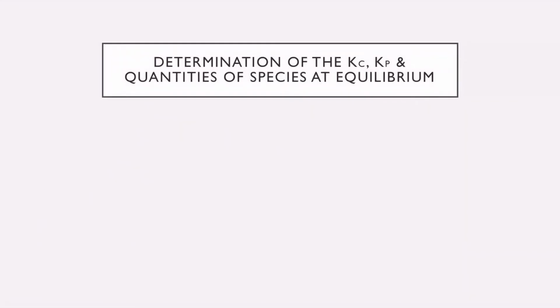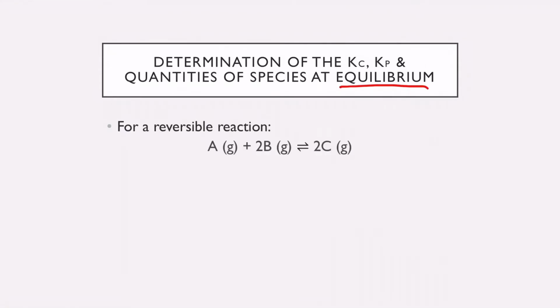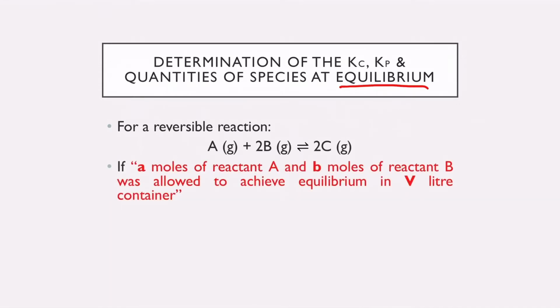Next, we're going to see how to determine the Kc, Kp, and quantities of species at equilibrium. Okay, so for a reversible reaction, let's say this is your equation. If you are given this kind of sentence, you have to be alert that you have to use the ICE table. Okay, so when you get this kind of sentence, if A moles of reactant A and B moles of reactant B was allowed to achieve equilibrium in a V liter container.